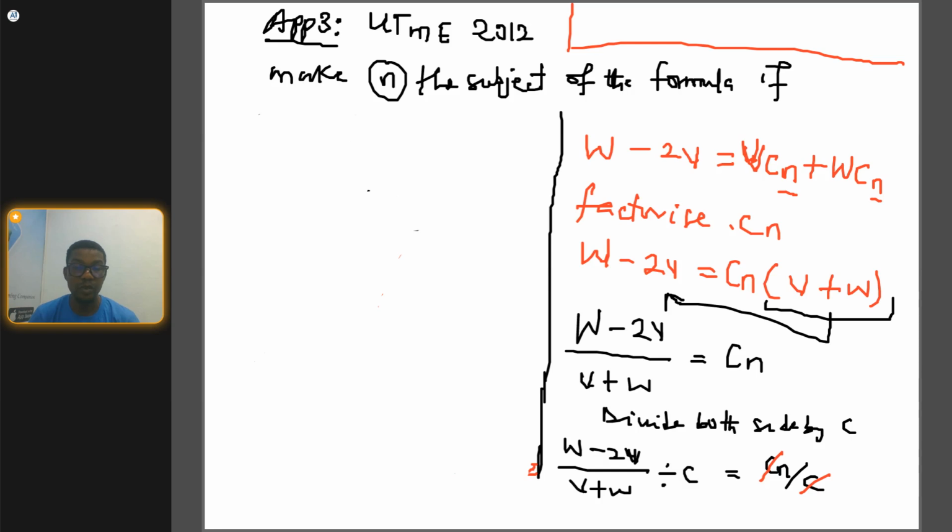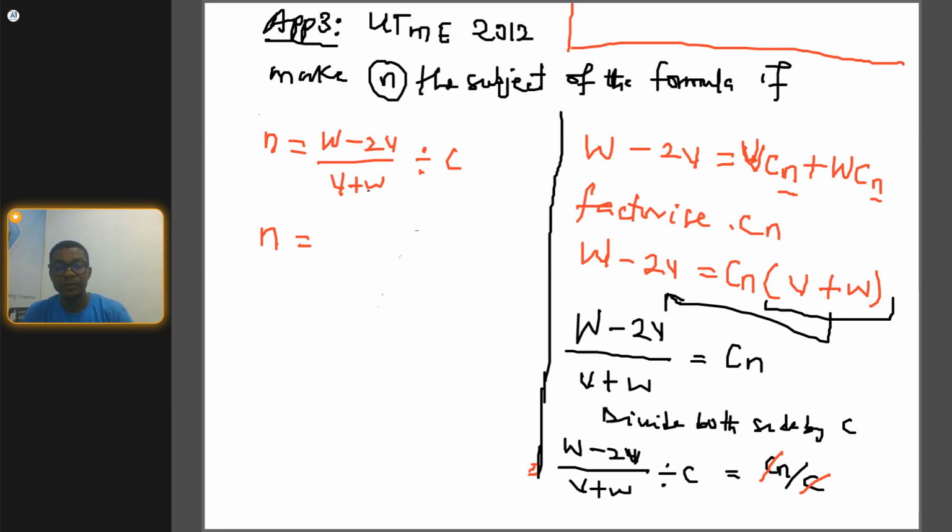We continue now. So we are going to have n equals w minus 2v over v plus w, divided by c. All right. N equals, we cannot simplify division except we change it to what?